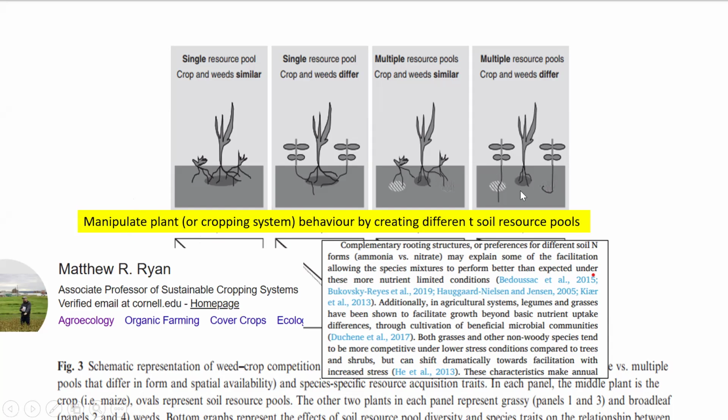So simply by growing a diversity of crops, we actually encourage different resource pools. So this is not always easy to see as a farmer or as an agronomist, but over time, as these ecologically based cropping systems become mature, we start seeing a higher productivity, and this is one of the reasons.